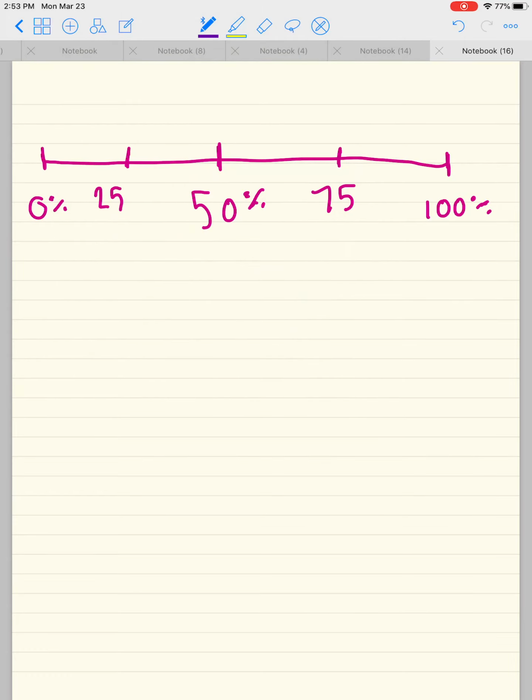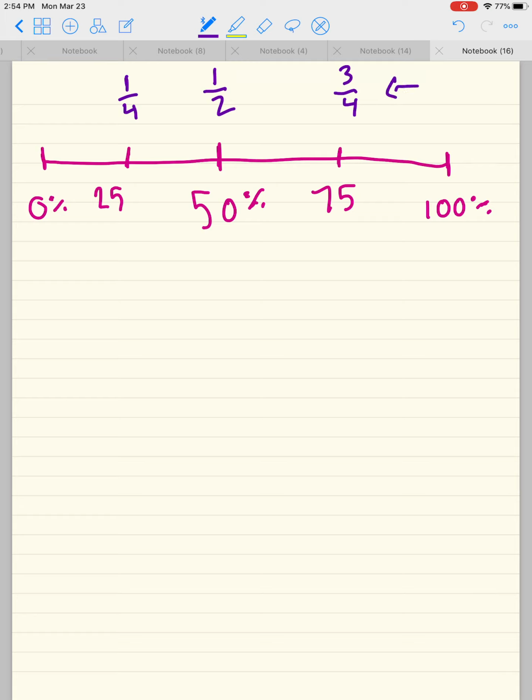Now, if you're looking for percents of something, it's a lot like looking at fractions. So 25% is a fourth of the whole, because 25 is a fourth of 100. 50 is half of the entire amount. 75 is 3/4, and 100 is all of it, or 100 out of 100.